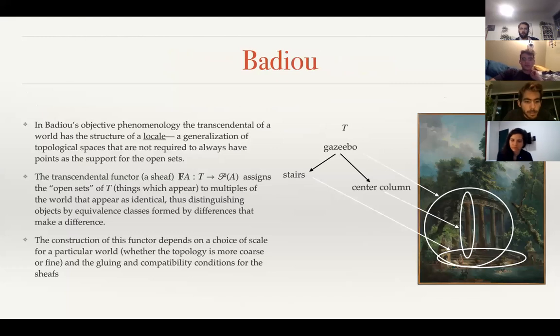Okay, let's apply this to Badiou a little bit. So I guess this structure is applicable in his objective phenomenology: the transcendental, which is the space of appearing, where the differences that make a difference appear, has the structure of a locale.